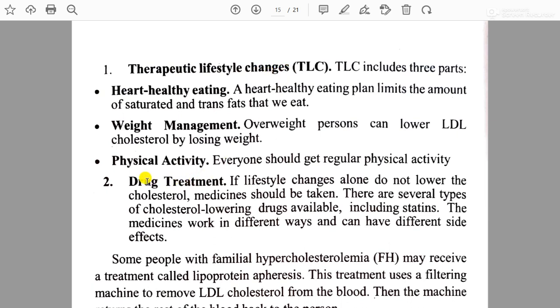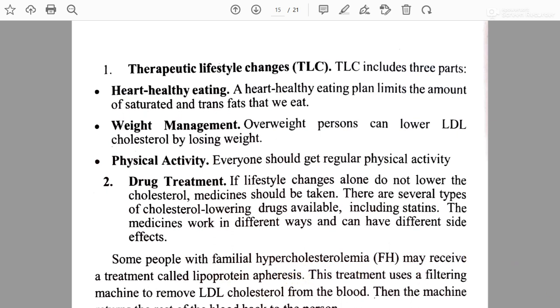Then second is drug treatment. If lifestyle changes alone do not lower the cholesterol, medicine should be taken. There are several types of cholesterol lowering drugs available, including statins. The medicines work in different ways and can have different side effects. Some people with familial hypercholesterolemia (FH) may receive a treatment called lipoprotein apheresis.